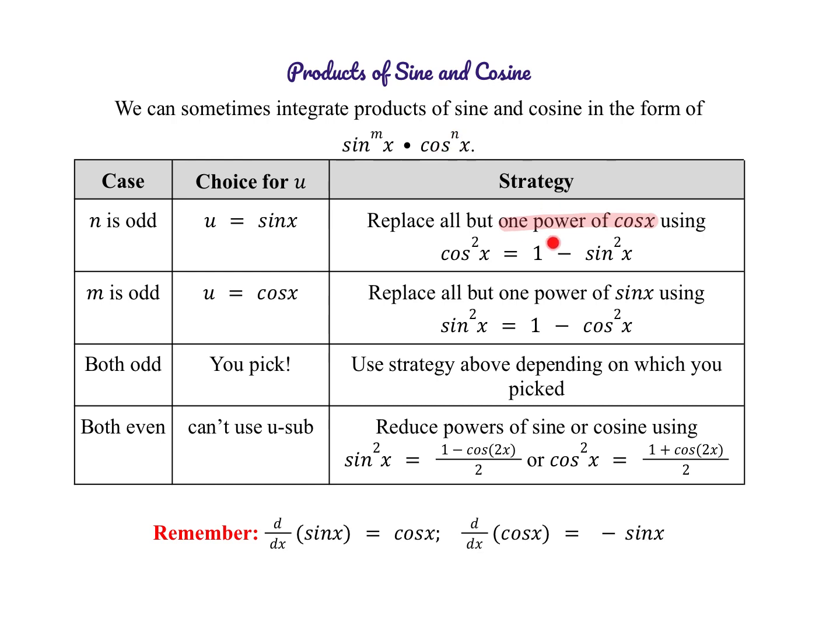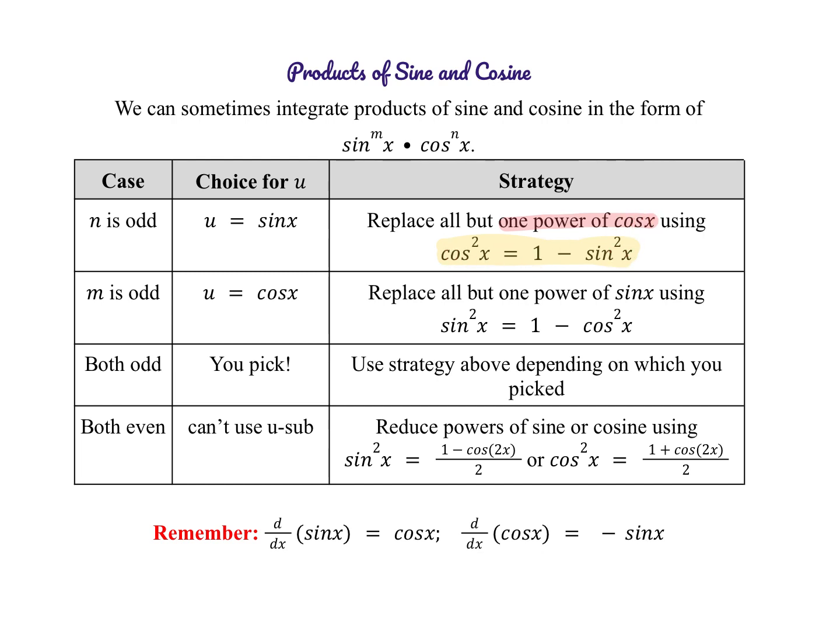We pull out the even powers of cosine and leave cosine to the power of 1. Then we can rewrite the even powers using this Pythagorean identity, so everything is rewritten in terms of sine except for this 1 power of cosine.